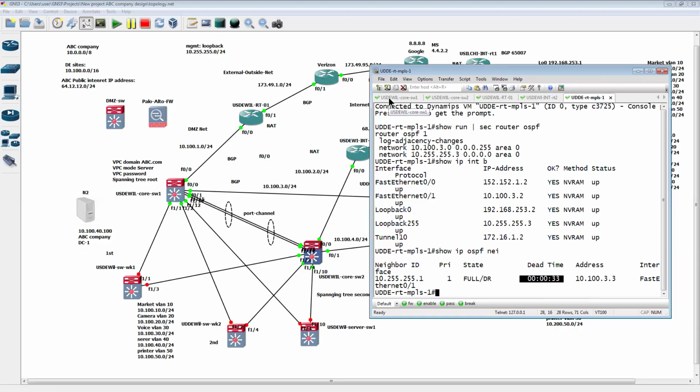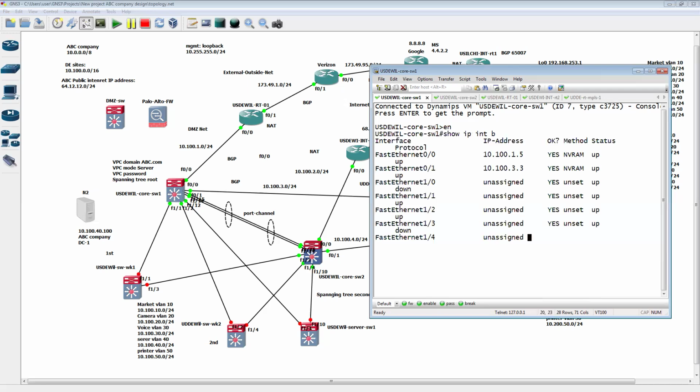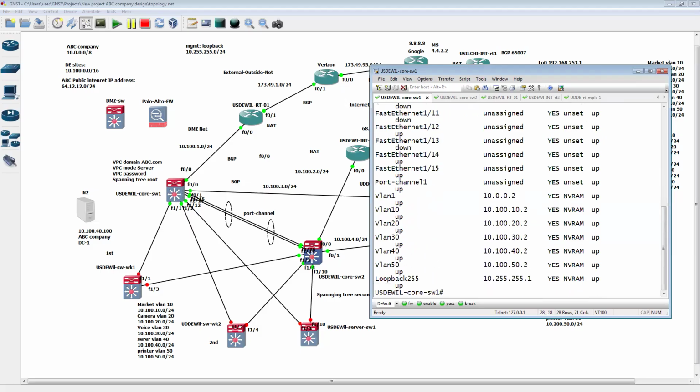All right, let's go back to core switch 1 in here. Let's click in here, show IP interface brief. Yeah, so we have the 255.255.1, and also in here, let's show run section OSPF.